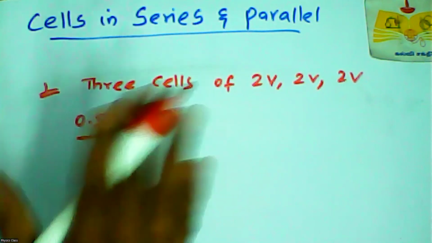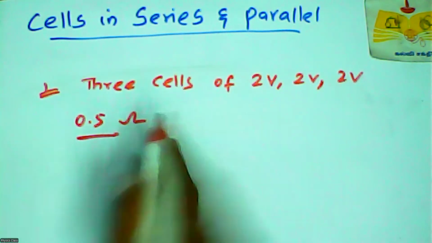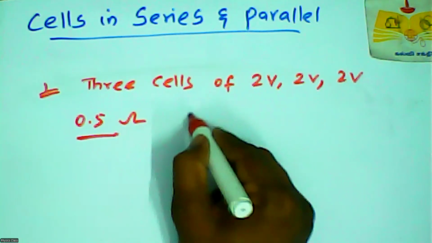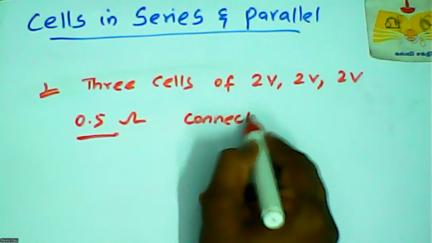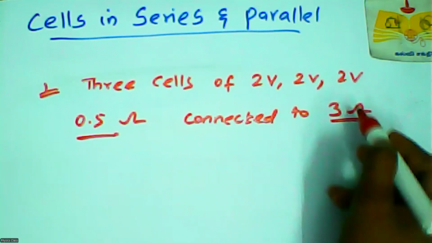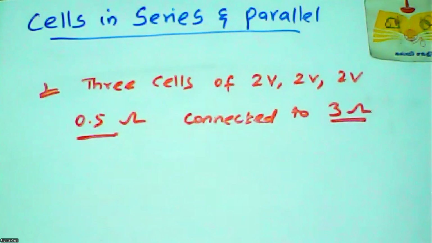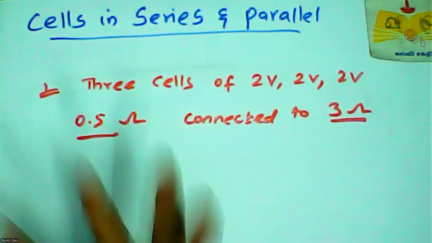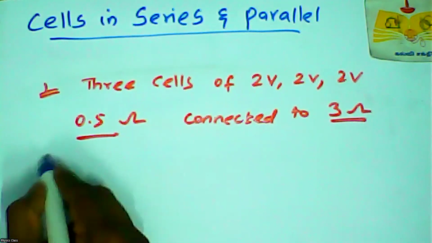This is the internal resistance, connected to external resistance 3 ohm. Already I told you there is an external resistance, a 3 ohm resistor. We have to find the current I here.